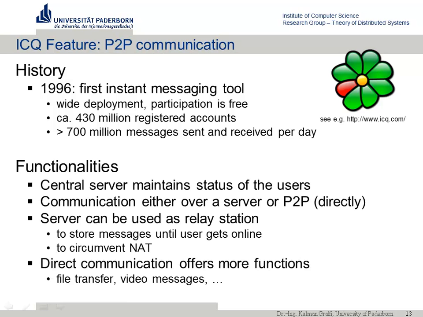What they offered later on: you use the centralized server to maintain the status of the users, to show whether they are online or offline, and also to list your friend list.